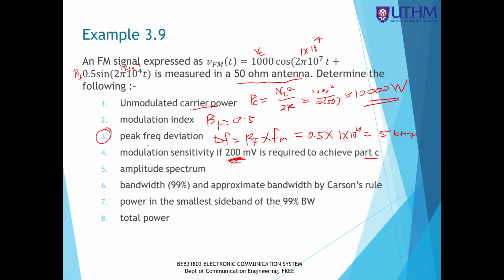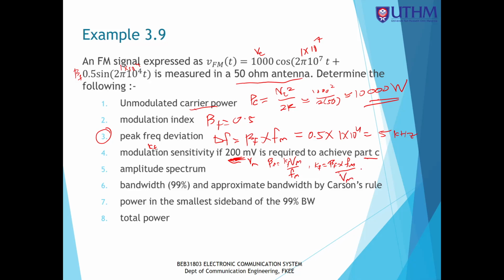We need to find KF given VM. Remember that beta F is equal to KF VM over FM. So if you want to find KF, KF is equal to beta F multiplied with FM divided with VM.